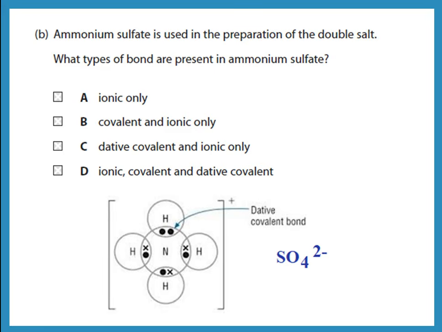But it is sharing 3 pairs of electrons with 3 other hydrogens. So it has covalent bonds. And at the same time, ammonium is positive, sulfate is 2 negatives, that is an ionic bond. So the bonds that I have are ionic, covalent, and dative covalent.